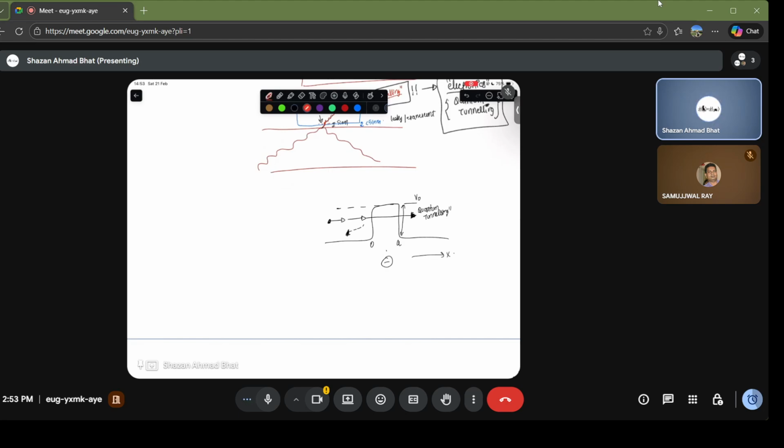The electron is coming as a wave, and once the electron as a wave hits this potential barrier, it starts to decay. And if you reduce the width of the barrier to a smaller value, the decaying part will leak to the other side, and you will see the electron on the other side.